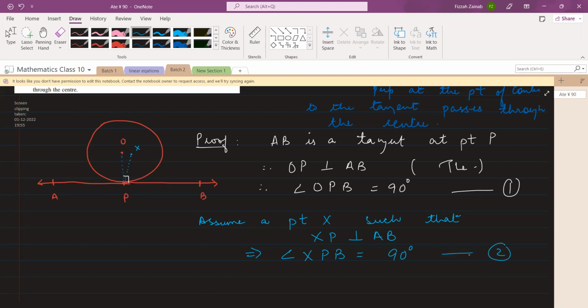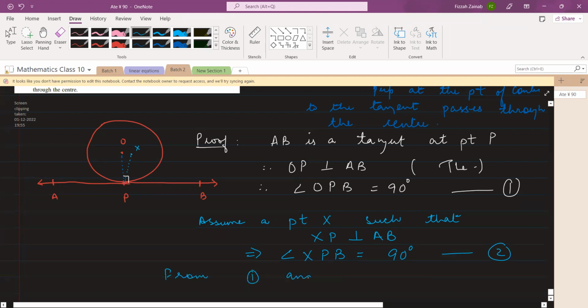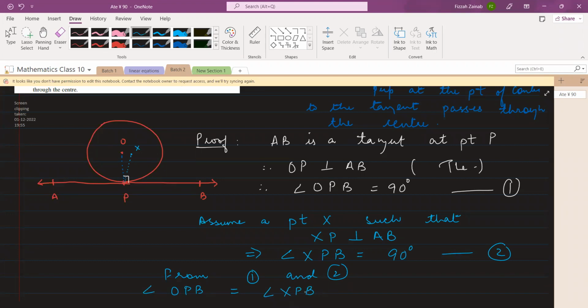Now, if you compare equation 1 and 2, both angles are 90 degrees. So ultimately both the angles are equal, right? From 1 and 2, the RHS is both 90. So that implies that angle OPB is equal to angle XPB. Now this is only possible when X is passing through the center, isn't it?